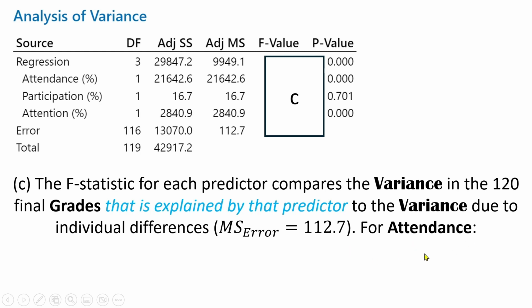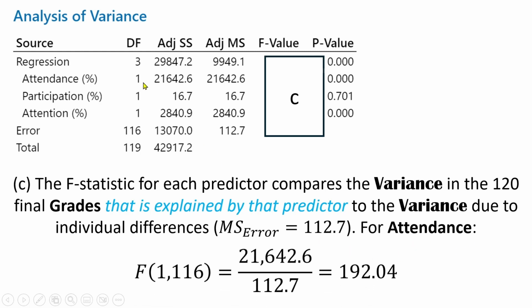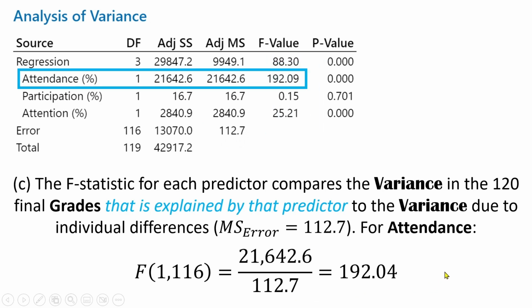So for attendance, for example, the variance associated with attendance is 21,642.6. We're comparing that to the variance due to error, and that ratio is 192.04, which you can see here. We can do likewise for the other 2 individual predictor variables.